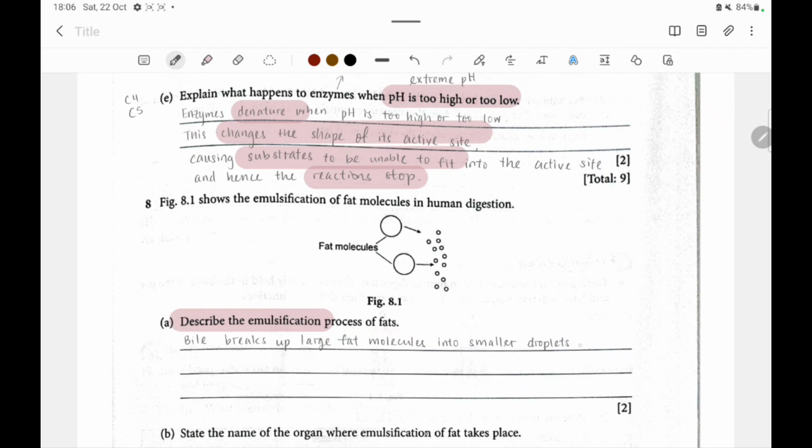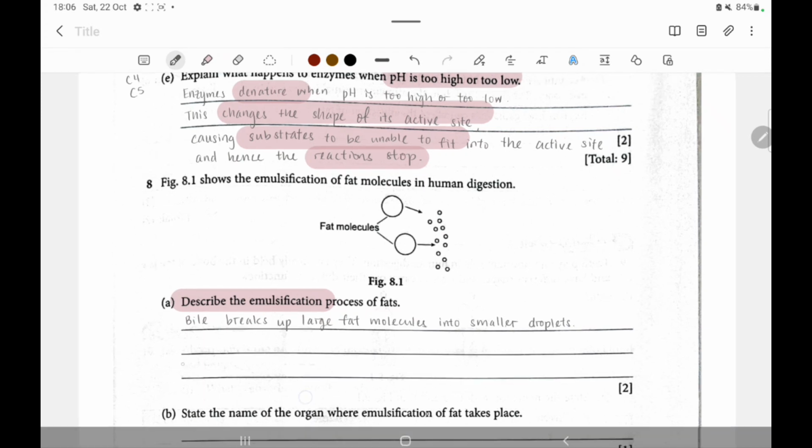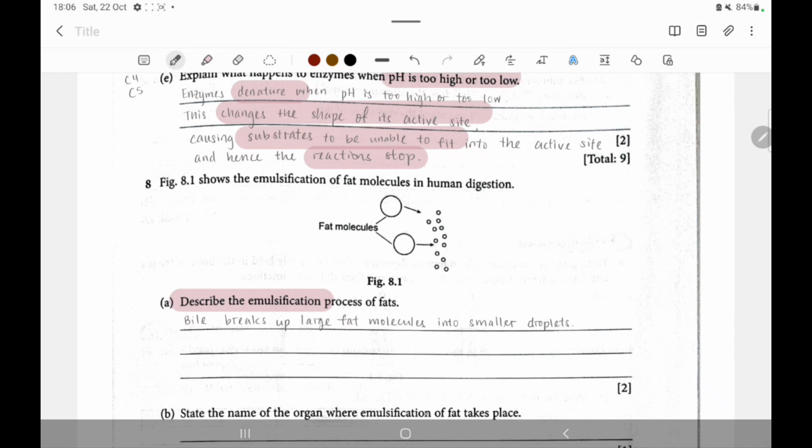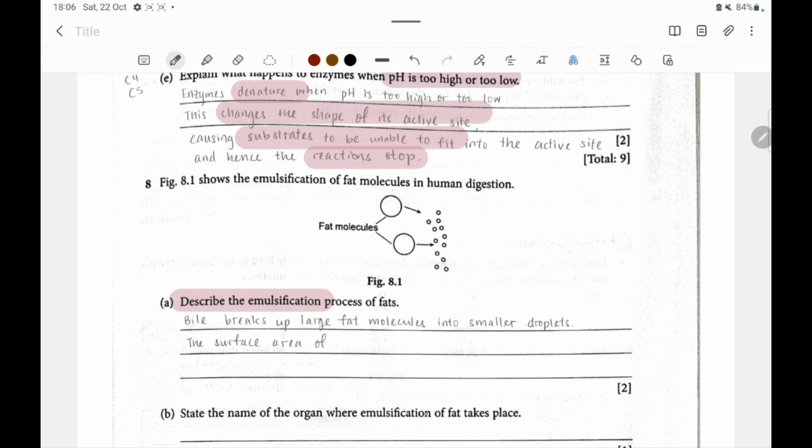And then the surface area of small fat droplets increase.